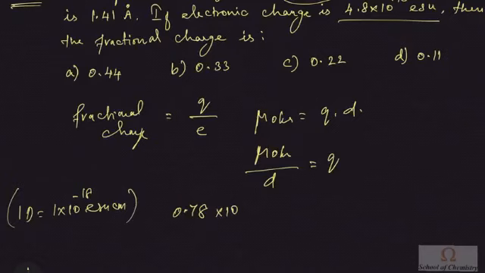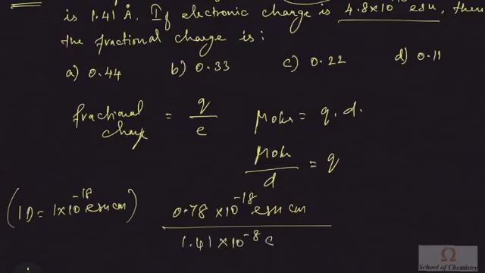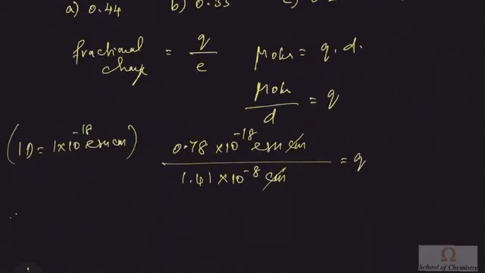I know this, so I'm going to multiply this with 10 to the power minus 18 ESU centimeter, and since I have centimeter in the numerator, my bond length should be expressed in terms of centimeter. That's why 1.41 into 10 to the power minus 8 centimeter. So this centimeter and centimeter will get cancelled, and this is the value of Q, and if I work out, I'll get 0.55 into 10 to the power minus 10 ESU. This is the value of Q.